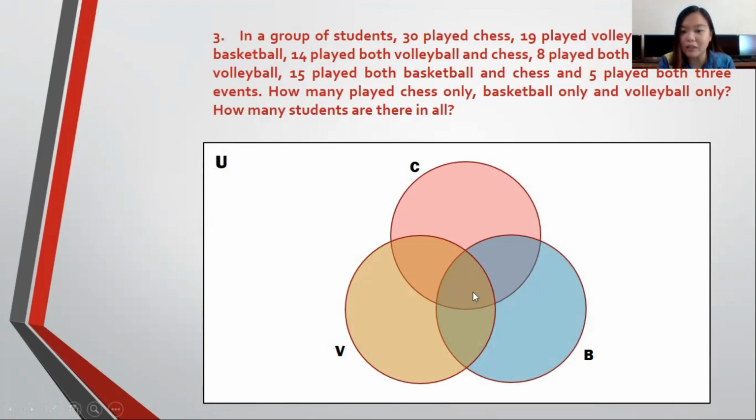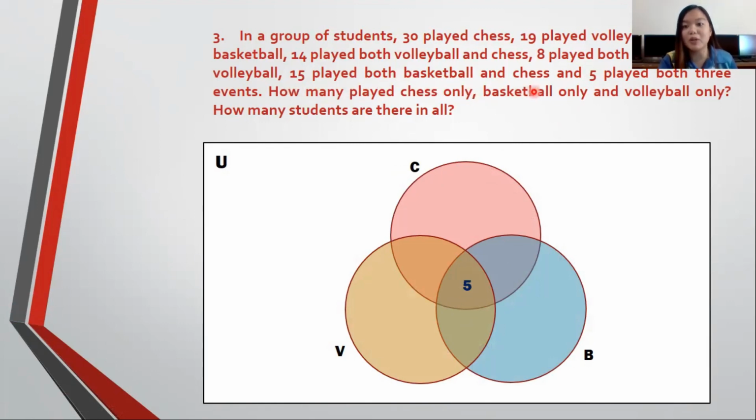Dito ipagtitipon natin. So tinitignan ko muna sa problem kung ilan ba yung may gusto ng 3. So there are 5. So based on that, tignan natin, i-laser ko muna. 5 played all 3 events. So 5 ang ilalagay dito. Next, 15 played both basketball and chess.